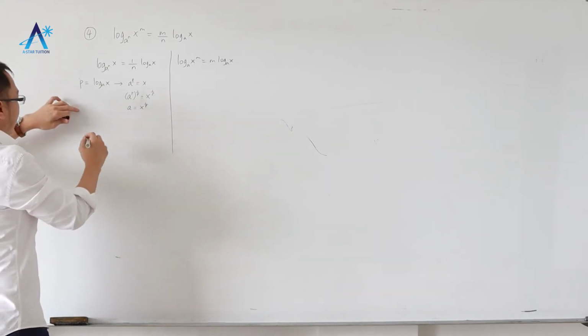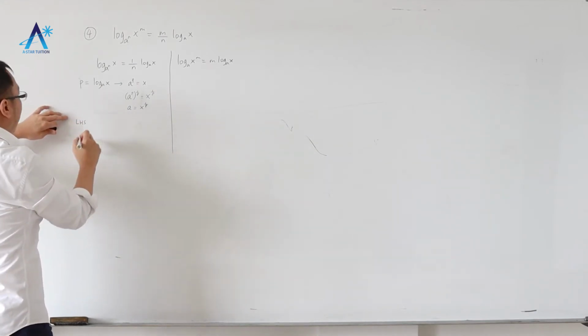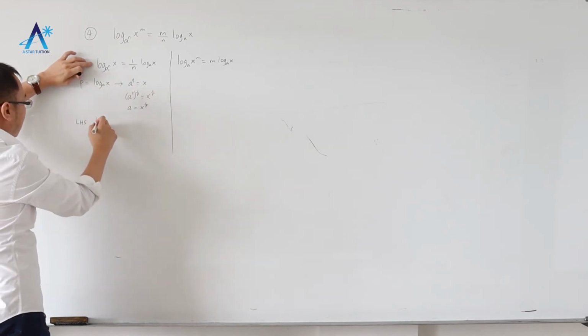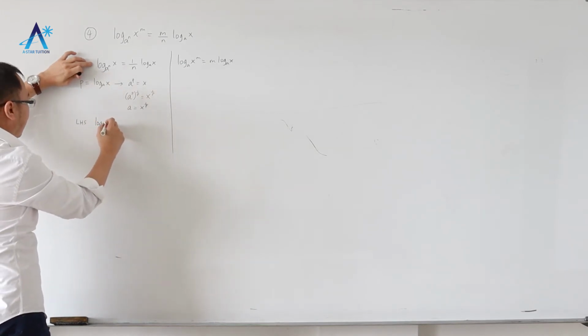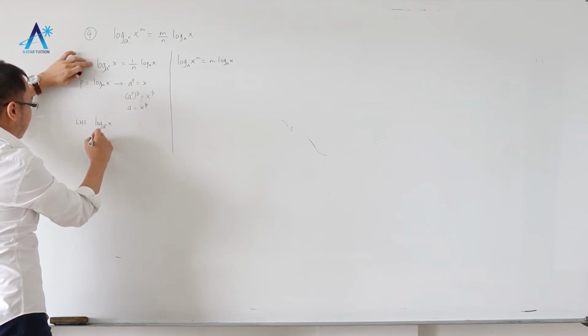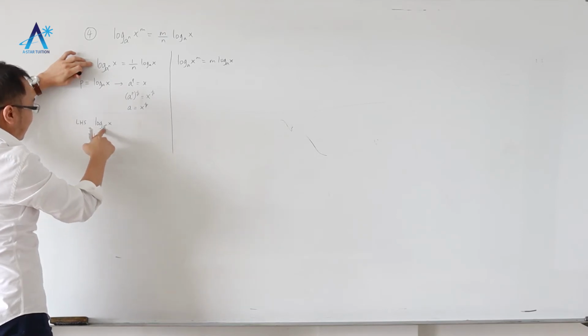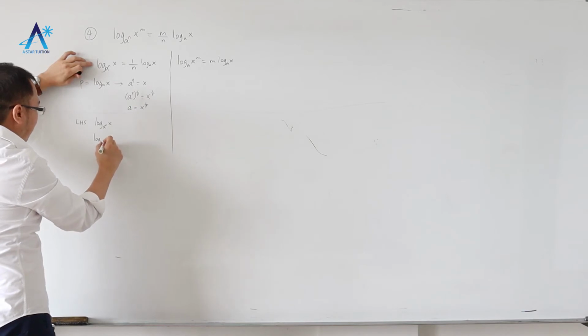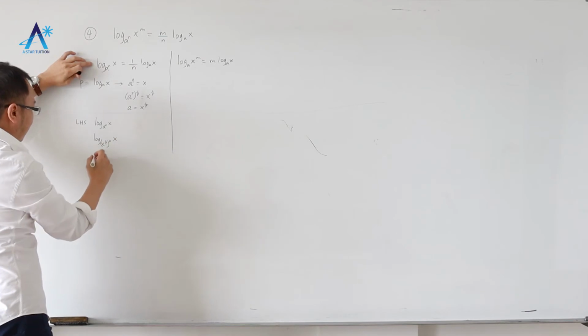Next, let's evaluate the expression on the left hand side, which is log base a to the power n of x, and it could be written as log base x to the power 1 over p to the power n of x.